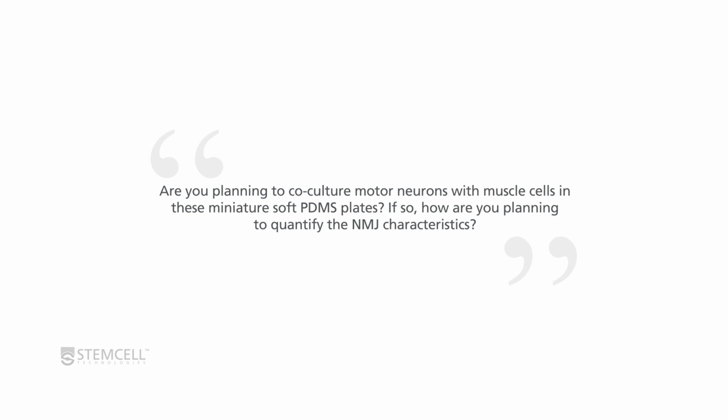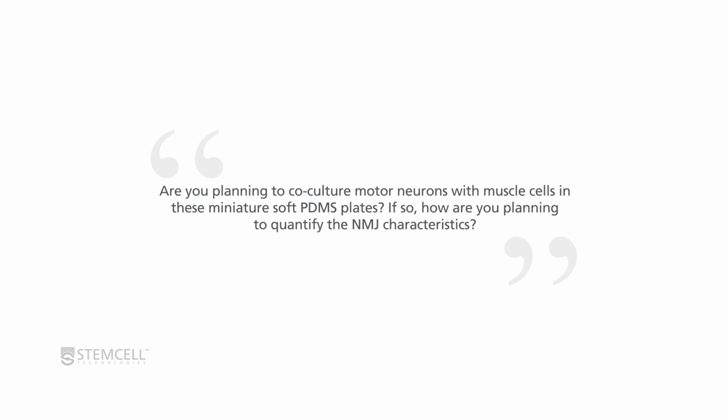So we are at the very early stages of co-culturing motor neuron clusters with the muscle tissues in the miniaturized platform. And in this case, it will be key to really streamline the size of the motor neuron clusters to make sure that there's uniformity, and also streamline the number of motor neuron clusters that we add to each of the cultures.